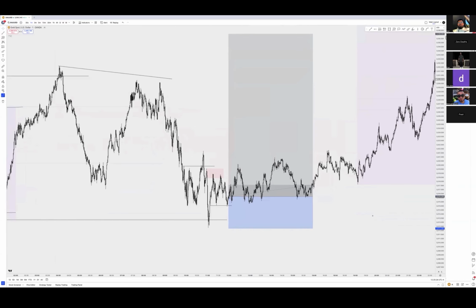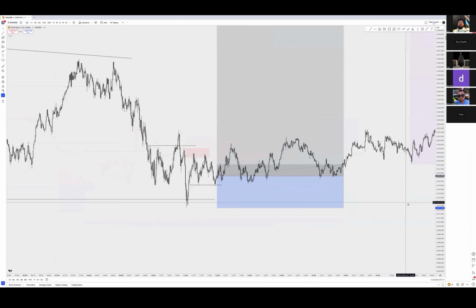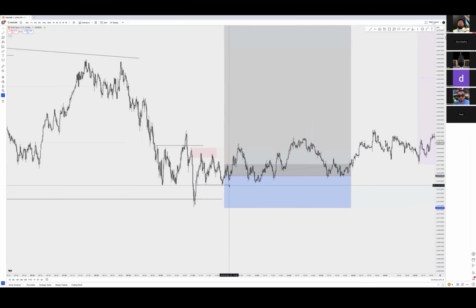And that's why I said I wasn't convinced when this low got taken out. I wasn't convinced right away. I waited for some bullish PA and I entered somewhere around here. I can't remember exactly where, but I did wait for a candle closure, just to react to that liquidity block.